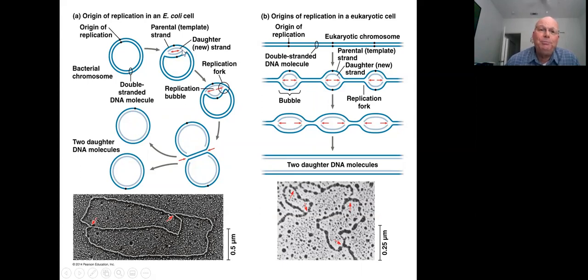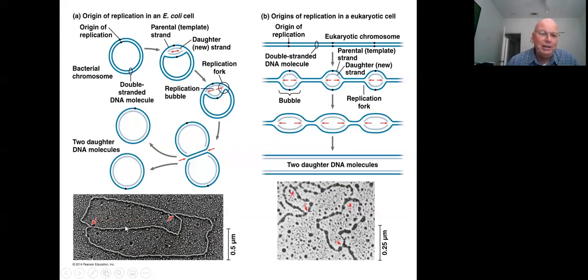And as that bubble expands, the copying of the DNA proceeds in both directions away from the origin of replication. In the case of bacteria, it moves in both directions, moving around the circular DNA molecule until the expanding bubble meets up on the opposite side of the DNA, resulting in the release of two daughter circular DNA molecules.